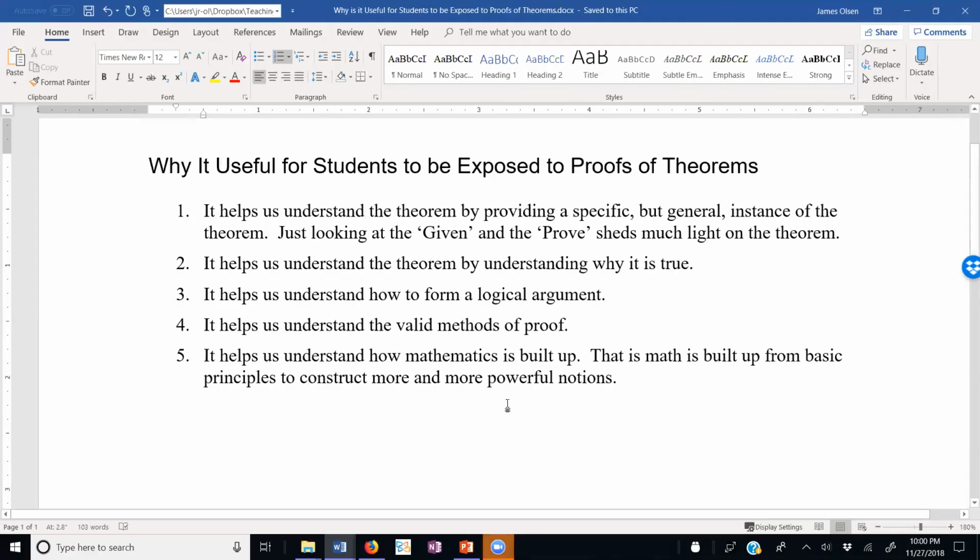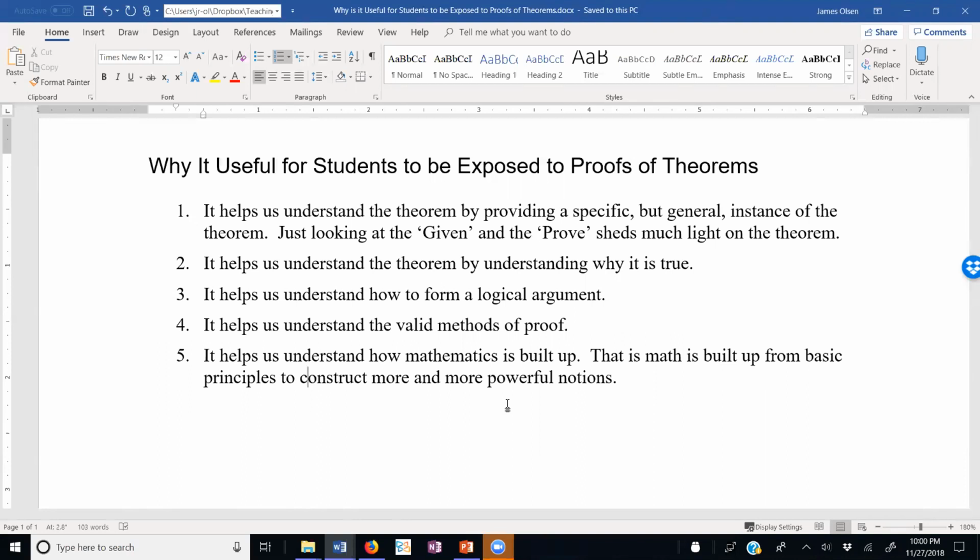Secondly, by looking at a proof of a theorem, it helps us understand the theorem by realizing why it's true. Number 3, it helps us understand how to form a logical argument, which is sometimes rare in our society. Number 4, looking at proofs helps us understand the valid methods of proof.